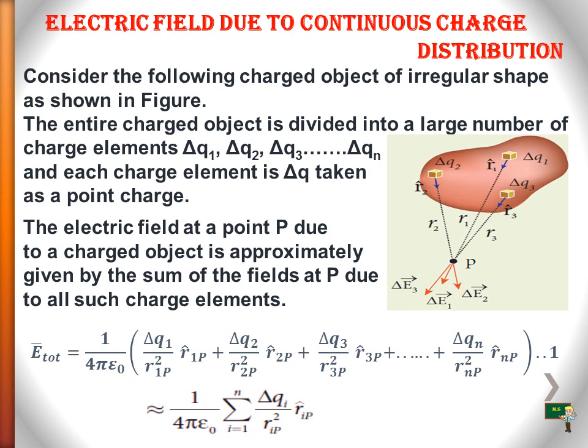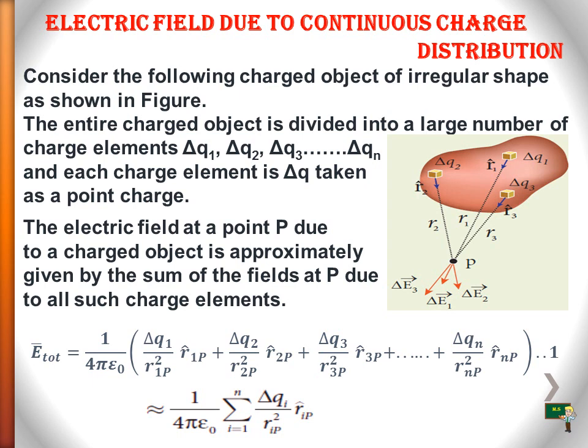So 1 by 4 pi epsilon 0 del Q1 divided by R1P square into R1P cap, plus del Q2 divided by R2P square into R2P cap, plus del Q3 divided by R3P square into R3P cap, plus and so on till del Qn divided by RnP square into RnP cap. This is considered as equation number 1.